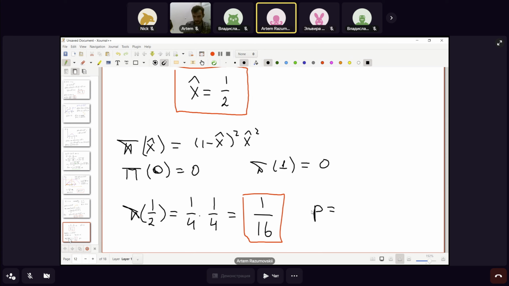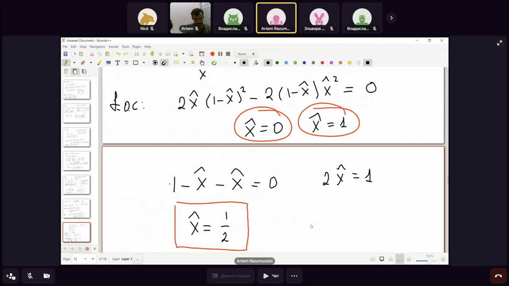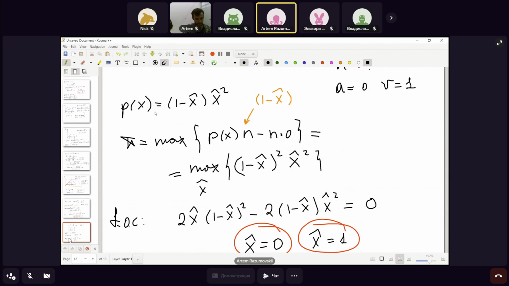Who has already calculated? So the price is just that, 1 minus x hat squared.